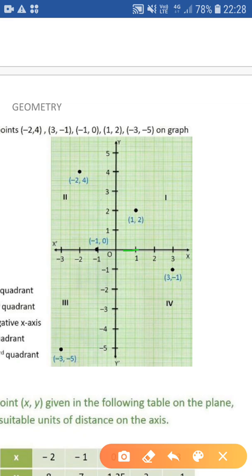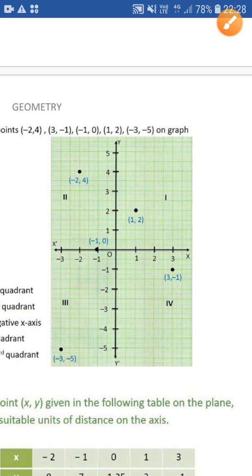Because it is positive, you have to move 2 units up. So like this, we are reaching here. 2 units up, and here we get to this point.